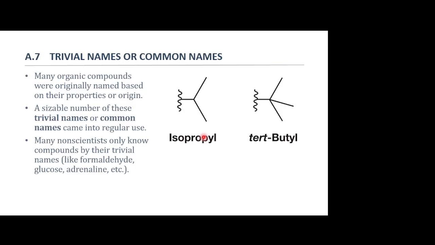What we're looking at here is that every place these lines end, those are each carbons, right? So that's a carbon, that's a carbon, and that's a carbon. And so the propyl tells you 1, 2, 3 carbons. The iso tells you that it's methyl like that. Is that making a bit more sense?